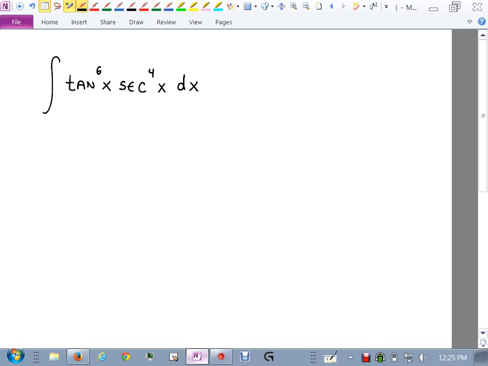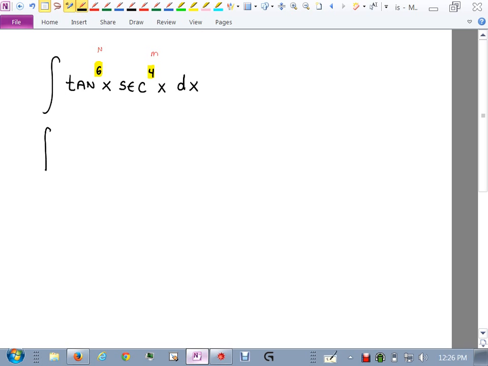According to your sheet here, what do you do if you have an odd power in n? Well, we don't have an odd power in n. What do we have here? Even power. Well, it doesn't even talk about that. What about this power over here? That's our m. According to the formula, that's m and this n. What if m is even? What does it say to do? Strip 2 secants out.